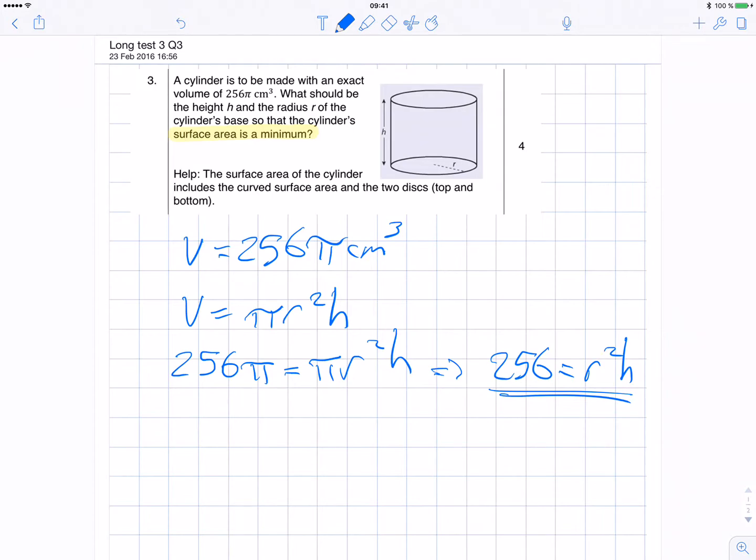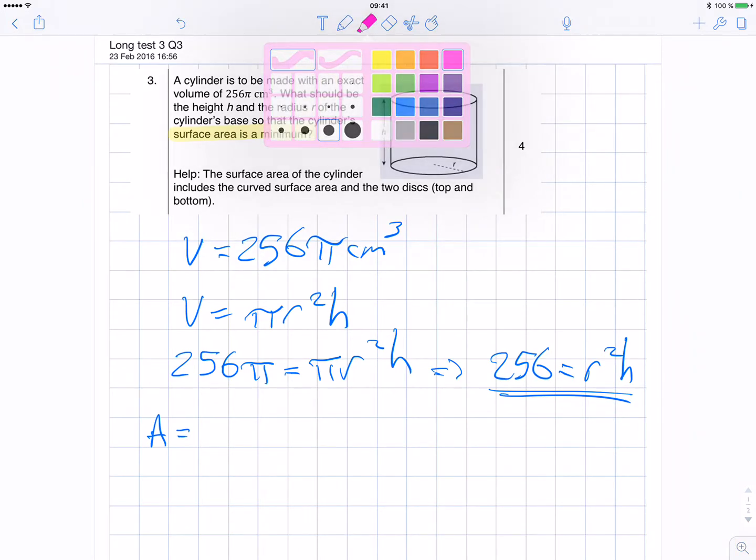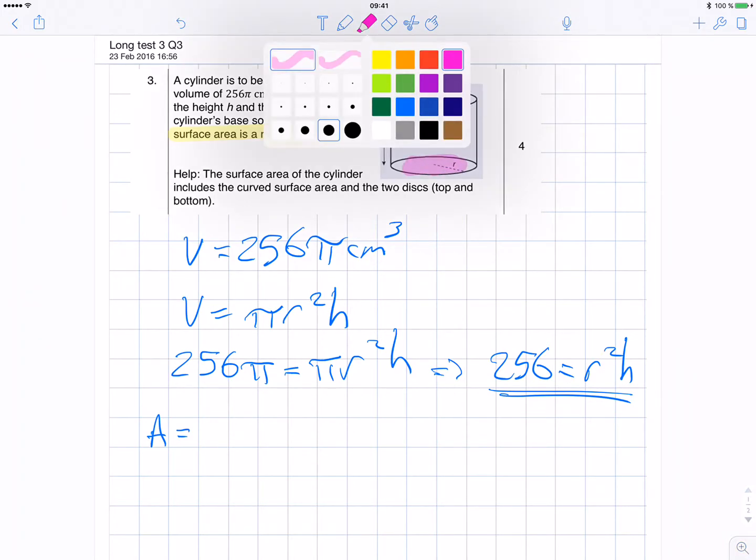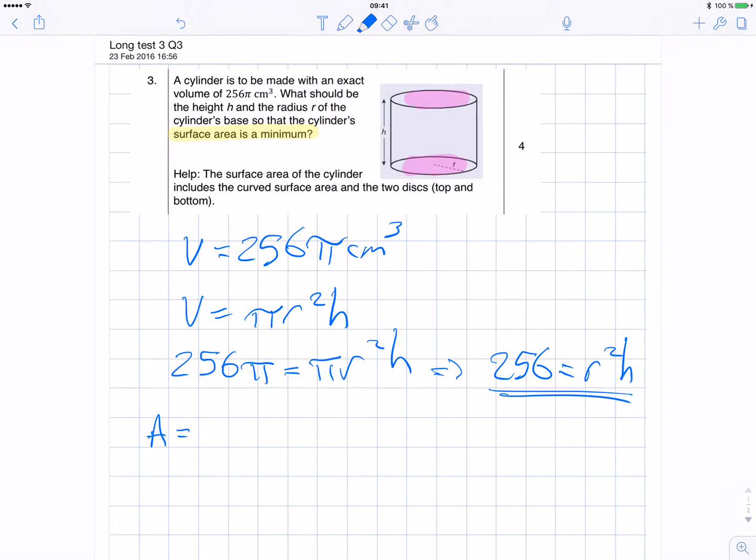The surface area is equal to, we have a top, a bottom, and we also have the curved area as well.